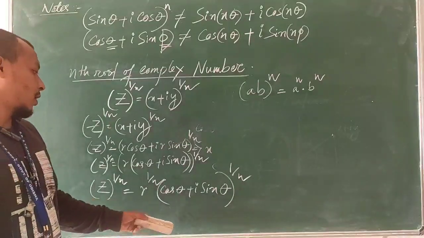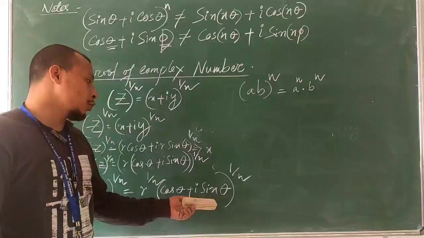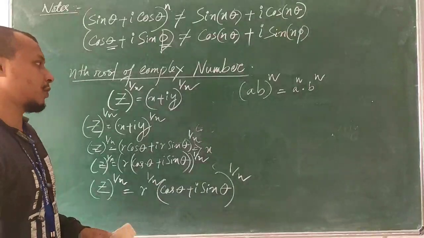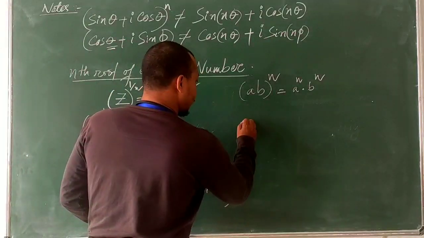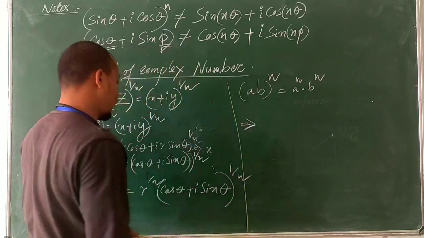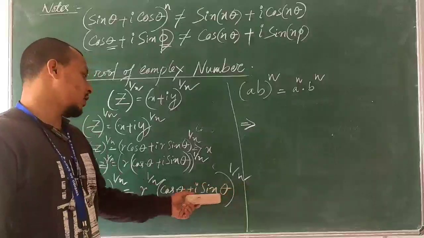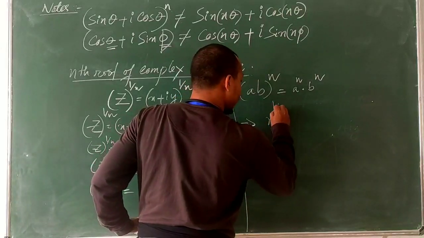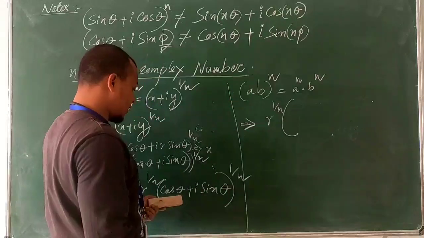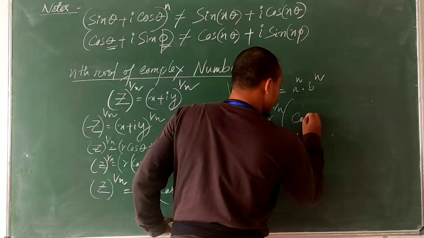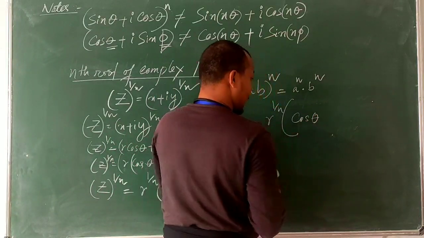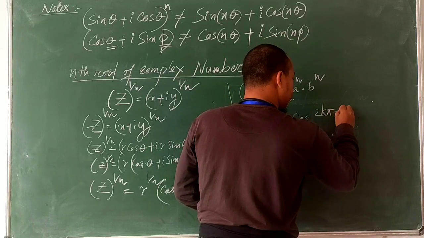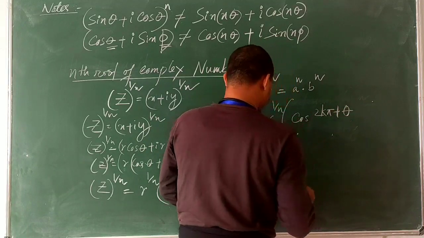This is our root. Now we are going to use de Moivre's theorem. Since the power is a fraction, in the cos theta we replace theta: the new theta is 2k pi plus theta, divided by n.